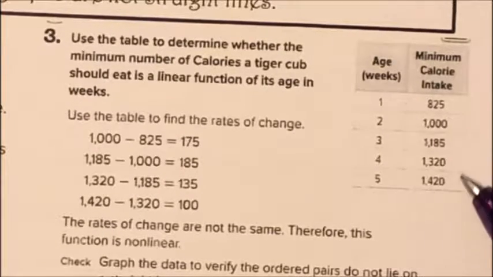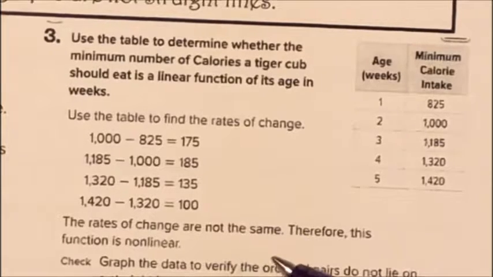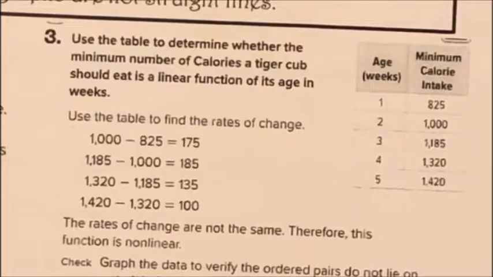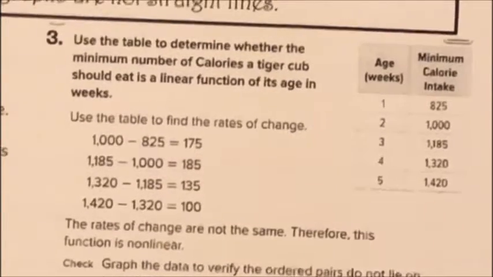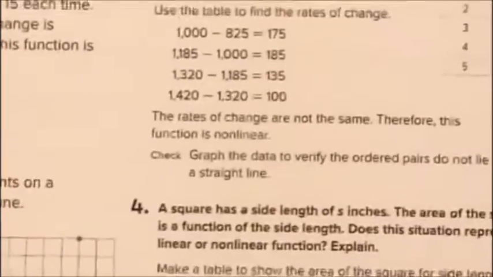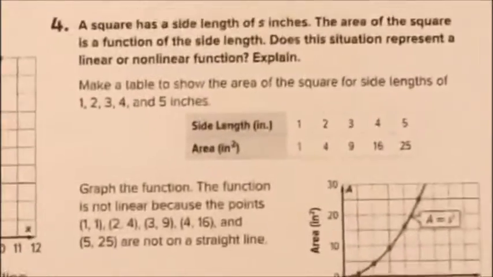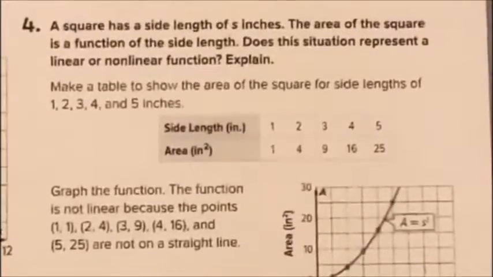And I get 135 and then 100. The rates of change are not the same. Therefore, the function is nonlinear. You can always check on a graph to verify that they're not in a straight line.